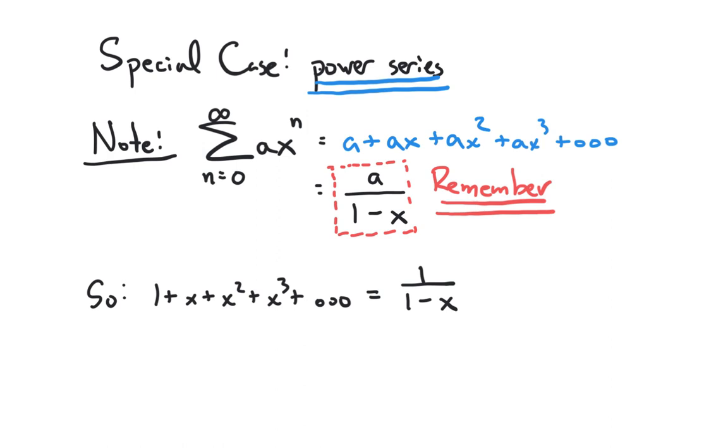So if we do have this infinite polynomial where the coefficients are just 1 in front here, this is just 1 over 1 minus x. And again, we have to worry about things like radius of convergence if we care about things in calculus. But for our purposes, we don't really care about that.